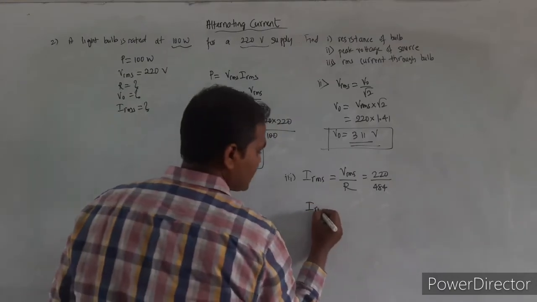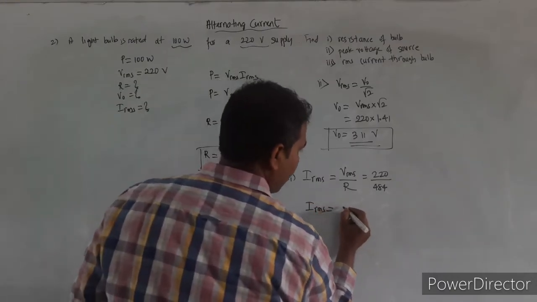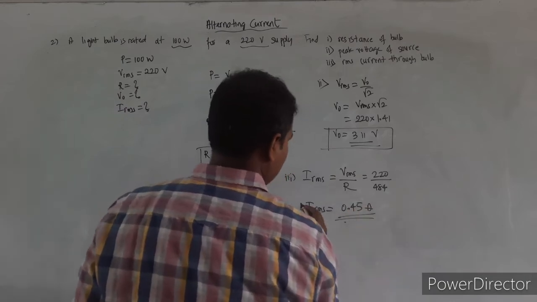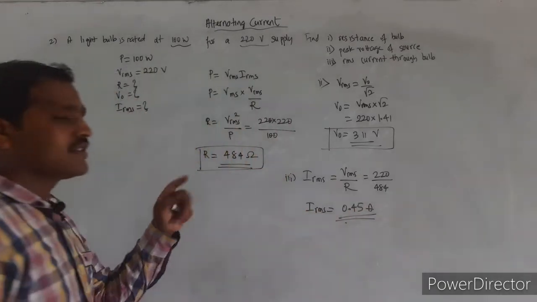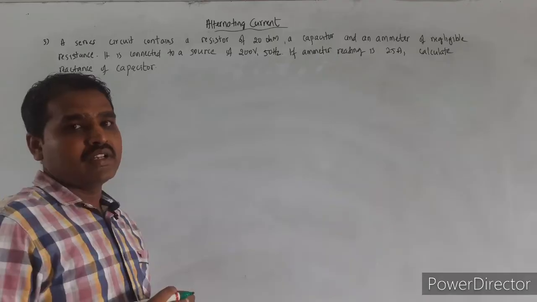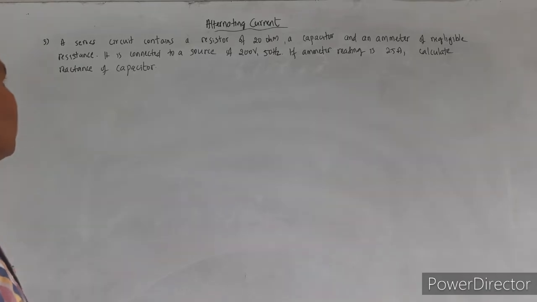By calculating this I get IRMS is equal to 0.45 amperes. So this is the solution for the given problem. Let us look at the next problem.